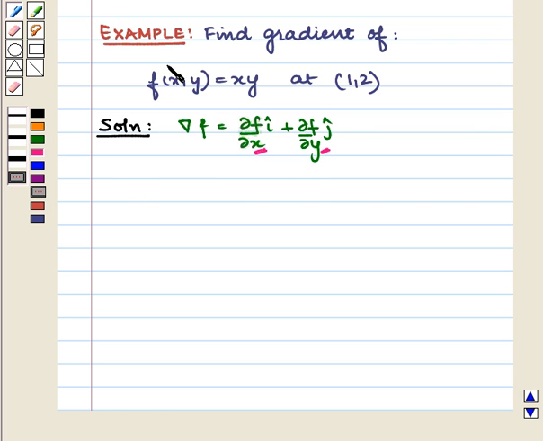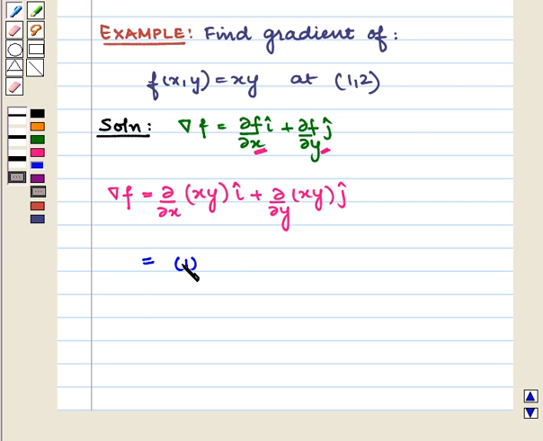We get gradient of f is equal to del by del x of xy i cap plus del by del y of xy j cap, which will be equal to 1 into y i cap plus x into 1 j cap, that is equal to y i cap plus x j cap.